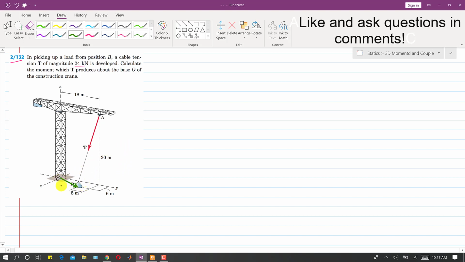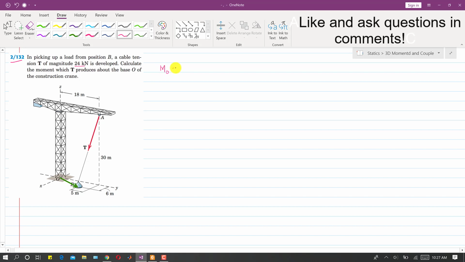So this is our moment arm, and we could have drawn this as a moment arm as well. It's up to you whether you choose this or this as a moment arm. For this particular case I will choose this as a moment arm. Then we will find the moment about O using the cross product method.